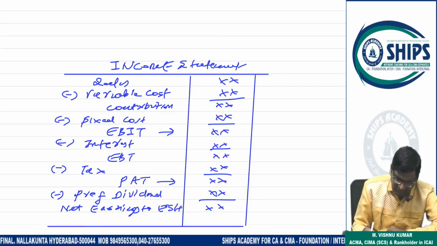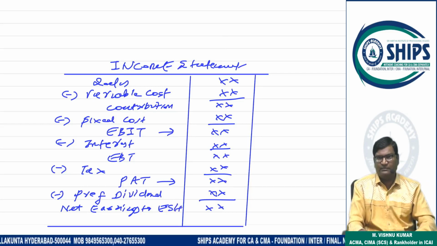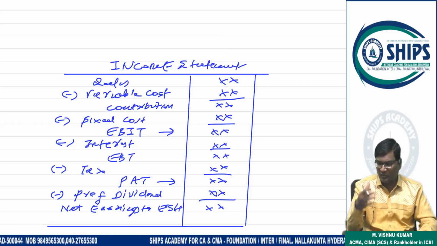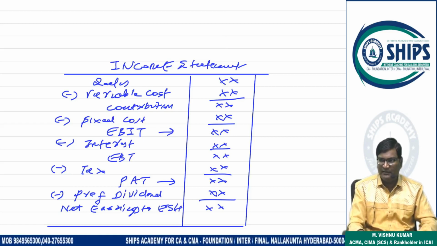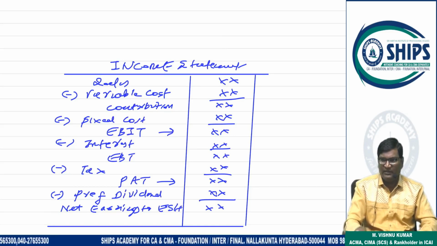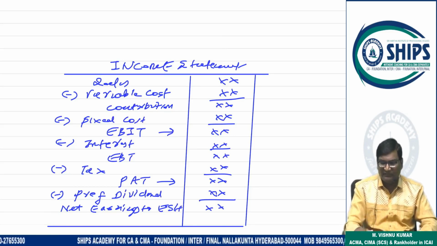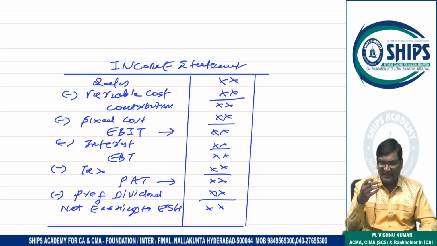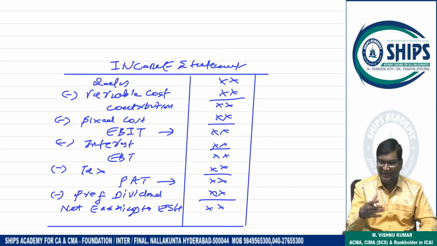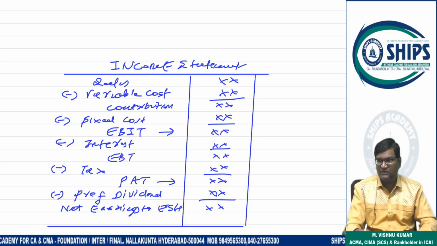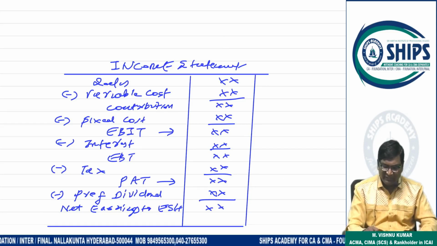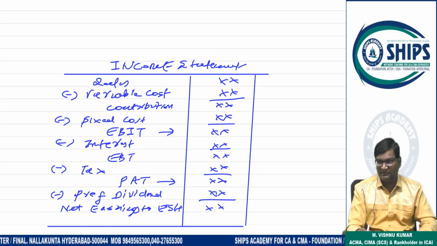Because the ultimate owners of the company are equity shareholders. Preference shareholders are not owners of the company. Debenture holders are not owners of the company. They are providers of finance only. Ultimately, who are the owners? Equity shareholders, because they have voting rights. We select in each and every area by voting of equity shareholders. So these are the original owners of the company. According to the equity shareholder point of view, net earnings is calculated.